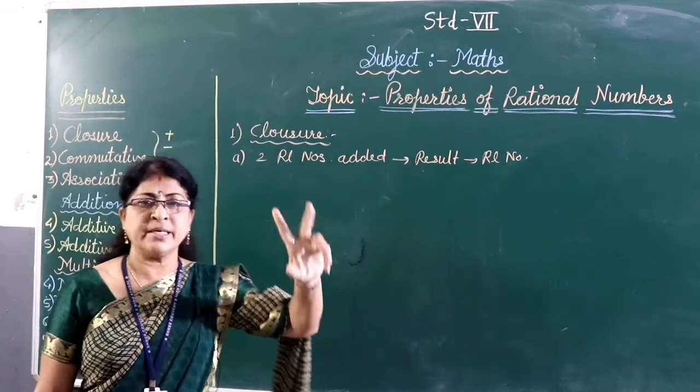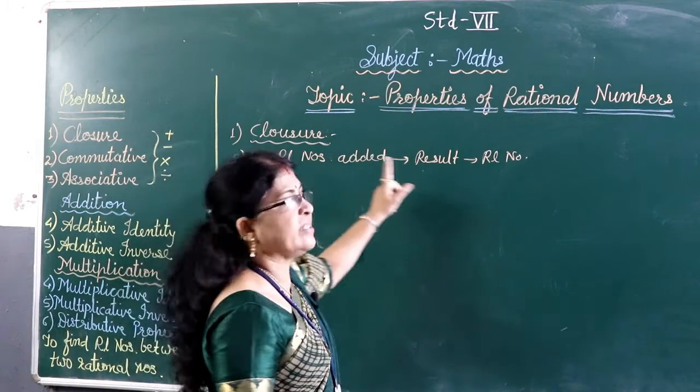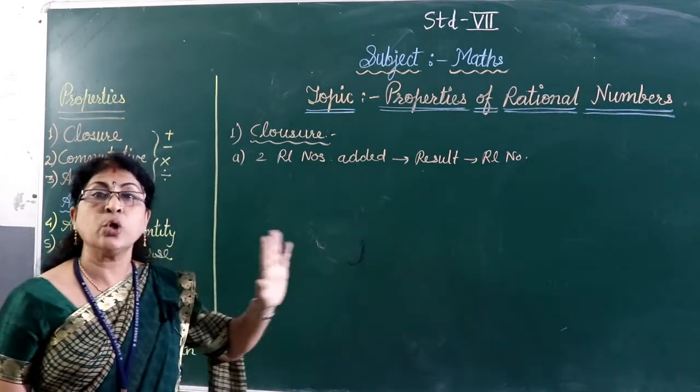When two rational numbers are added, whatever answer comes is also a rational number, then we say that addition of rational numbers is closed.